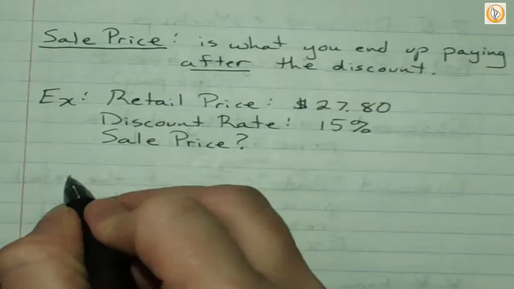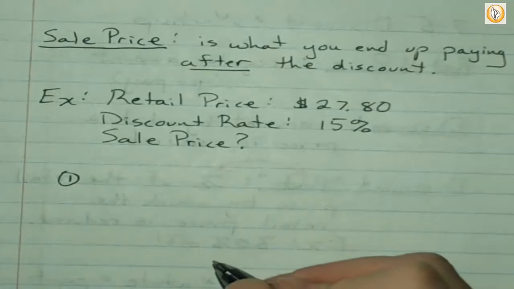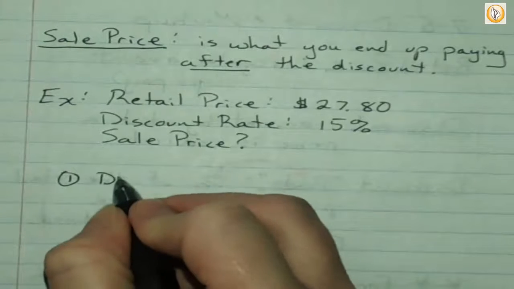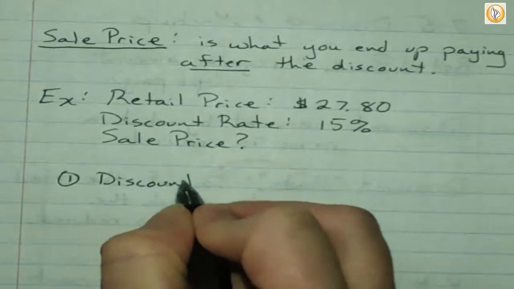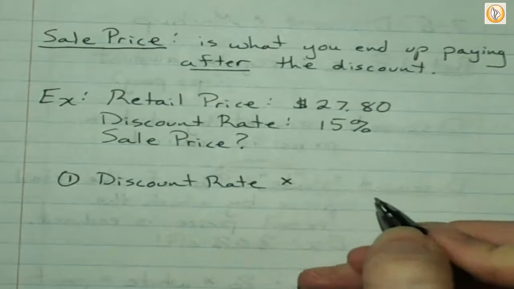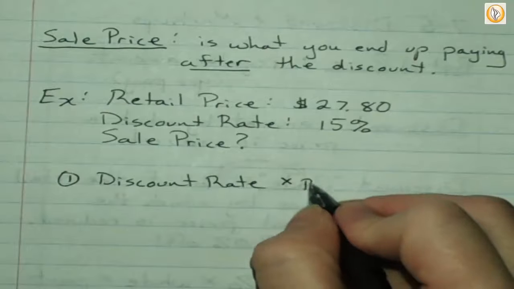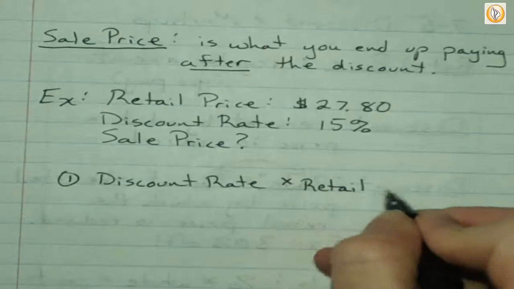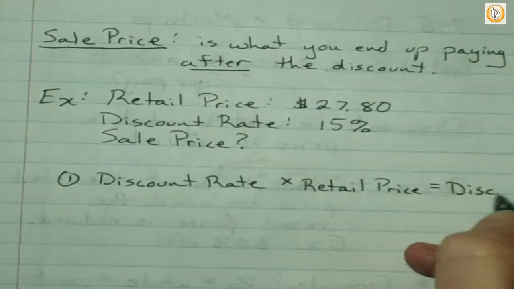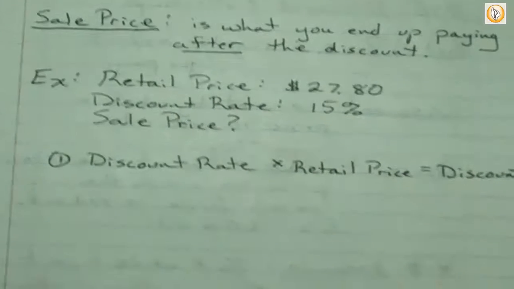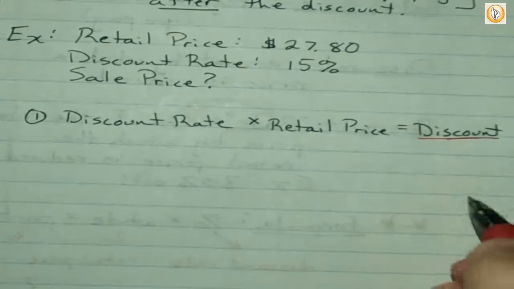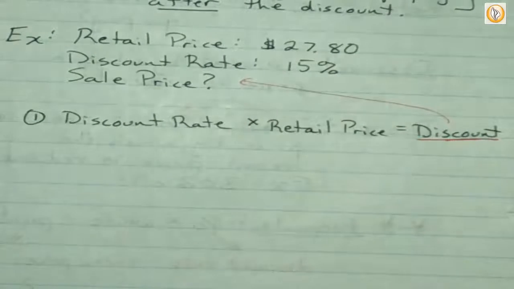So, step one, we're doing discount rate times retail price equals discount. That's the first thing we're going to do because we need to find the discount to be able to find the sale price.